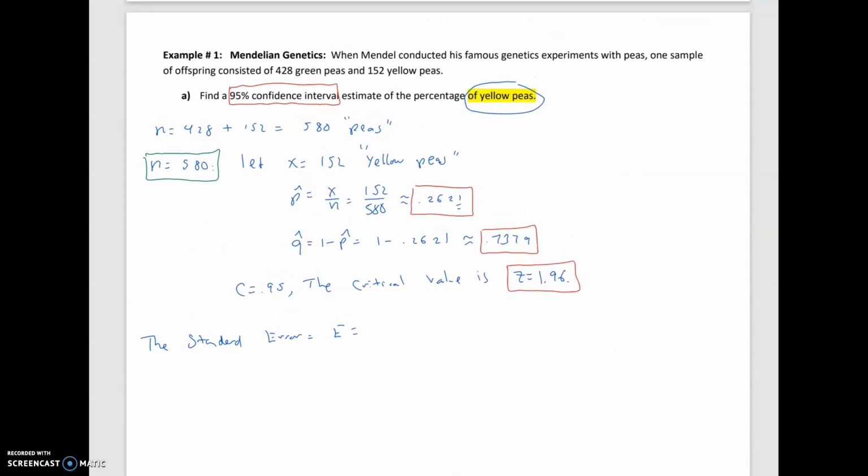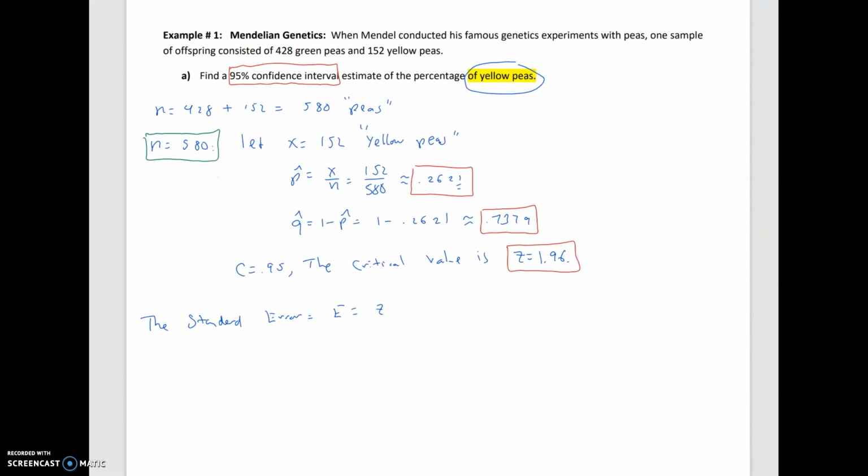So let me just rewrite it as Z times the square root of p-hat, q-hat over n, which in this case, we're going to be using 1.96 times the square root of 0.2621 times 0.7379 over our value of n, which happens to be 580.